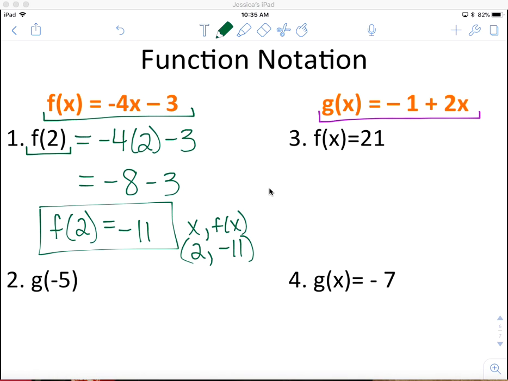Number 3 is still using f, but this time 21 is not in the parentheses. This time it says f of x equals 21. So in this case, I'm going to replace f of x with 21. We don't know what x is, so we have to get it by itself. So first step is to add the 3.